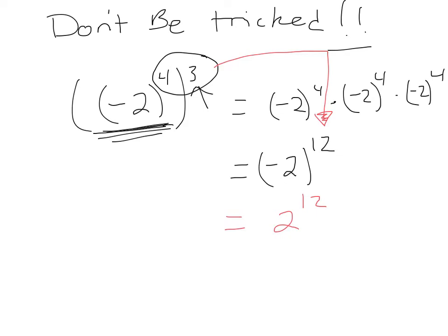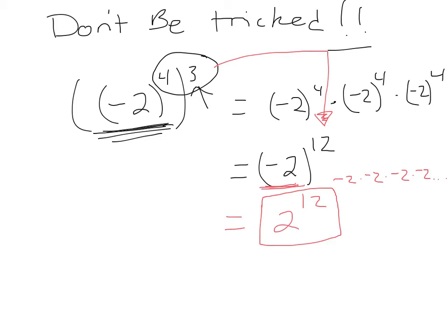Because if you have a negative 2 that's going to be written 12 times, you'll have an even number of negatives, which would produce a positive number. So 2 to the 12th is a fair representation of negative 2 taken to the 12th.